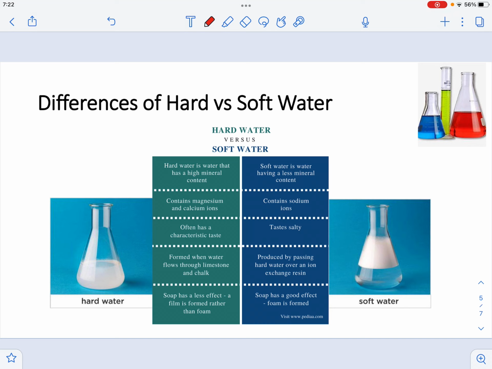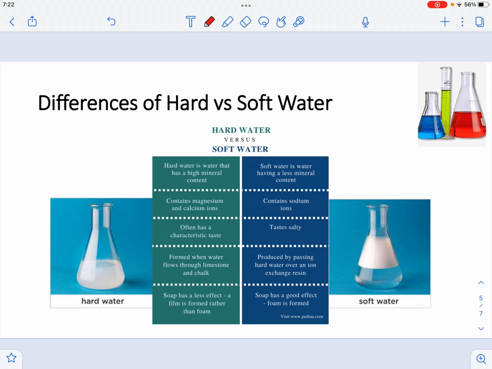A film or soap scum is going to form. So that's not going to allow the soap to have any action if you try to use soap that is already in hard water at cleaning a surface.